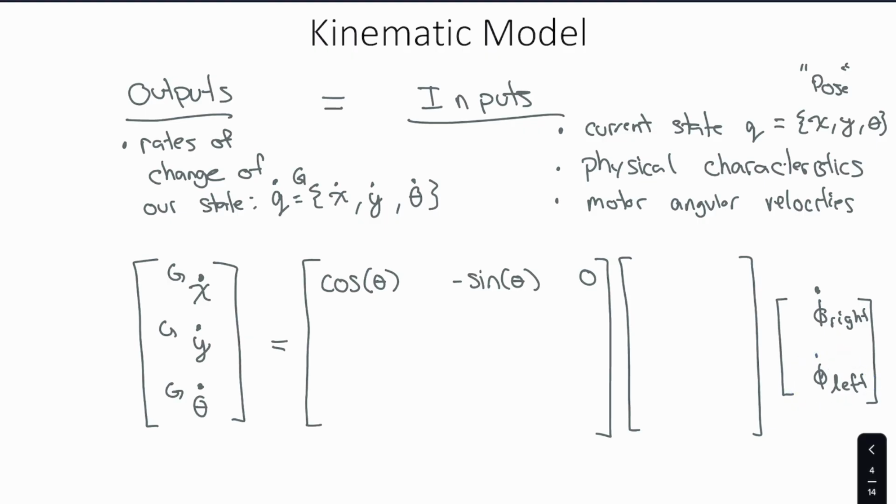And to turn the rotation of the wheels into a linear velocity at the point of each wheel, we need to multiply by the radius of each wheel. And then we divide by 2 because it's the average velocity of each point of the wheel. And that's probably worth showing in a diagram.